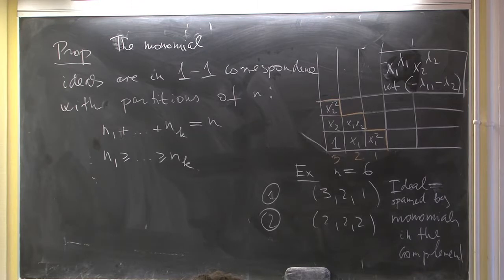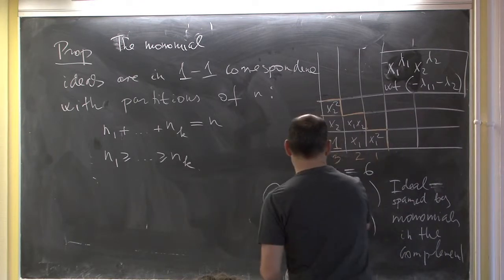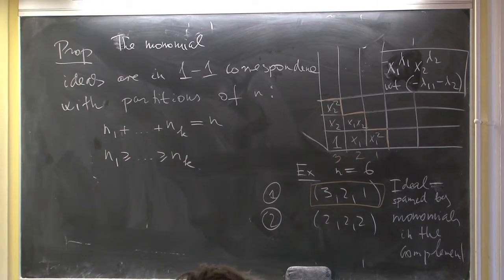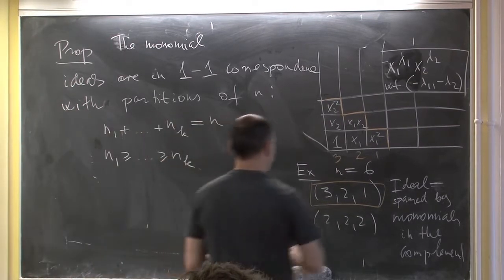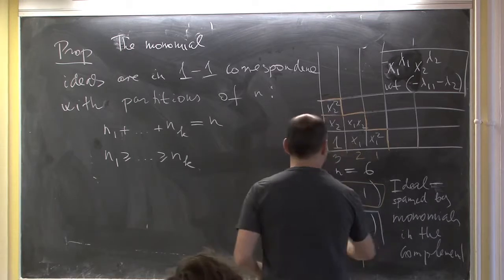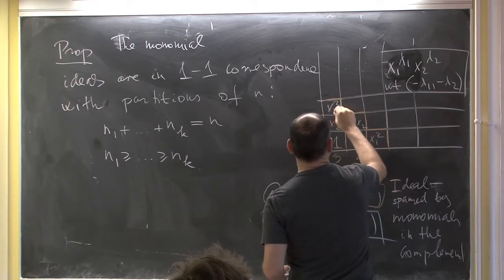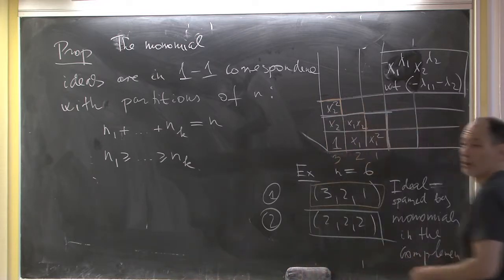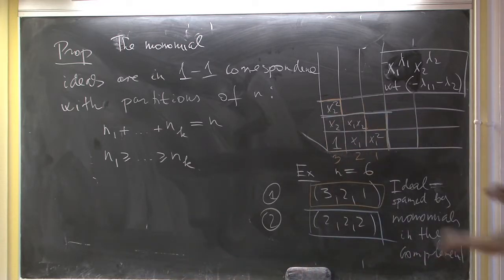Okay, so this is this case, and then you can do another one. It would be like this, 2, 2, 2, and this would be this diagram. And then it would be the monomials in the complement.